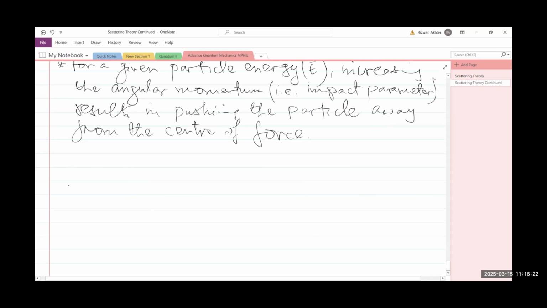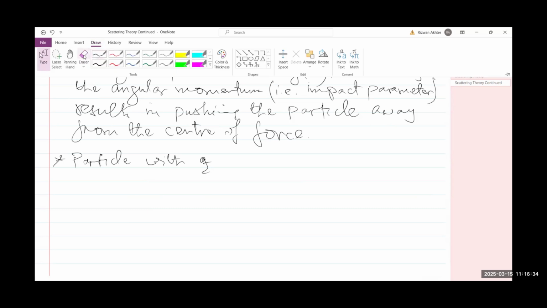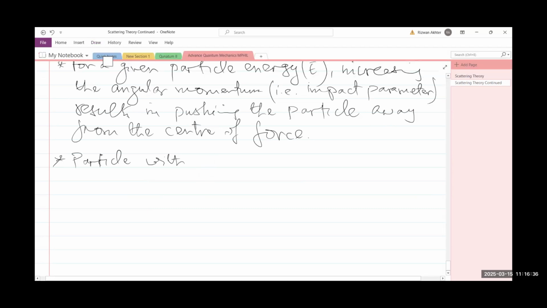So number two, a particle with zero angular momentum.